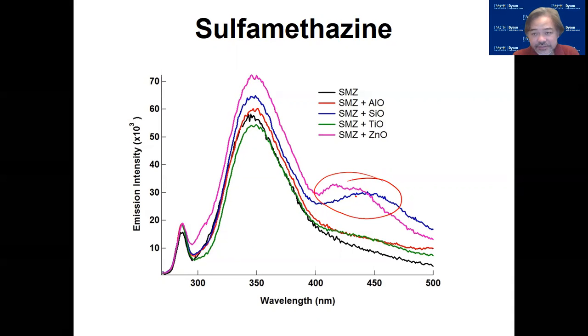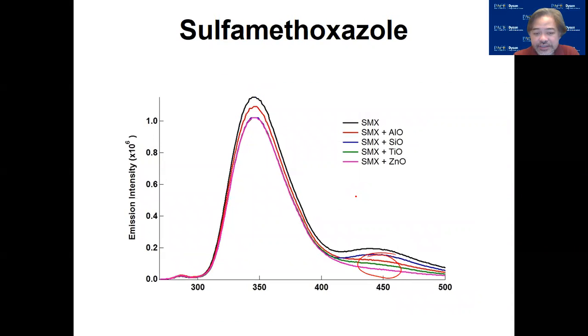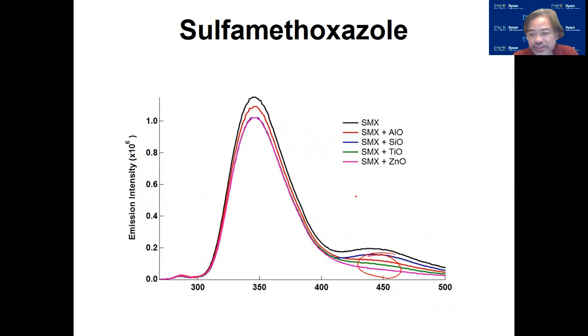But as you could see, if you're going to look at the absorbance, those are the corresponding change that you have there. Okay. And if I'm not mistaken, this was excited at around 280 nanometer.